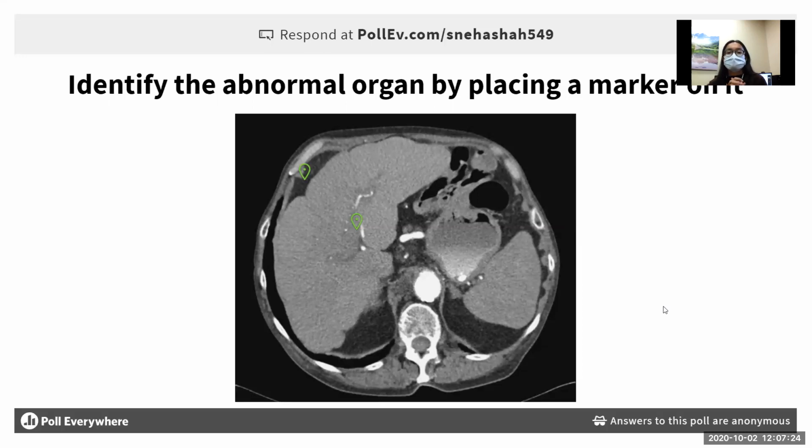What do you think? What makes the spleen look weird or different to you, Dominic? Are you talking about this thing? Yeah. I think that's just an artifact. Okay. Yeah. Good, so the correct answer is the liver here.